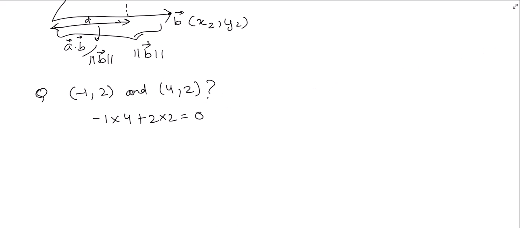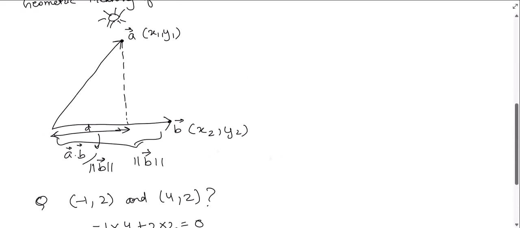Now, understand this. When will the dot product be 0? If you use this as a representation here, when will this value be 0? If you think intuitively, as we increase the angle theta, the value of the shadow will keep on decreasing.